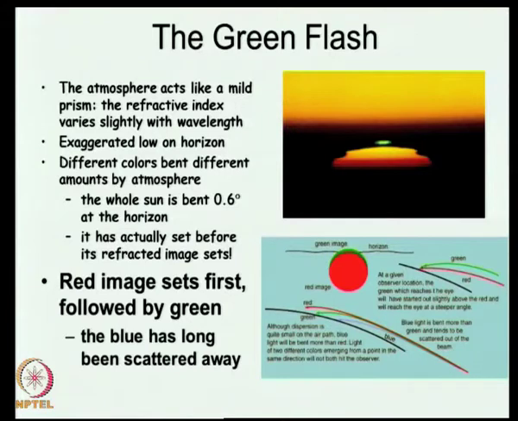So, among the rays that are bending, the red has the least amount of bending, and green and blue have much more bending, and therefore, this green you are seeing really are the rays of the sun after it has set, and those rays having bent much more.